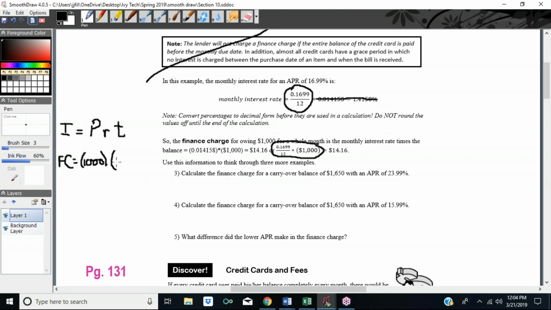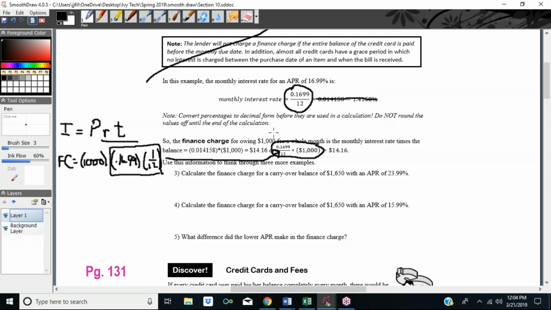The rate is the 16.99%, so 0.1699. And the time is 1 month, so 1/12 of a year. And so this part right here, those two together represent that fraction, the rate and the time. So we're just calculating monthly interest in this case.